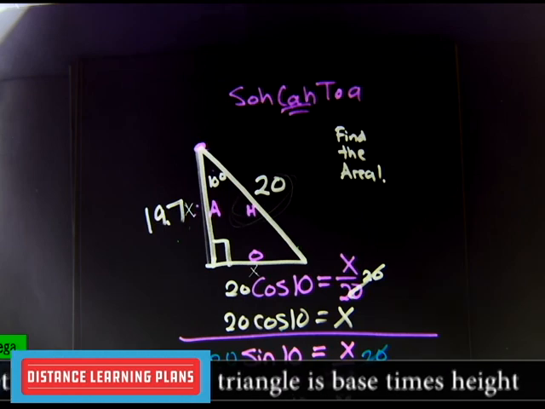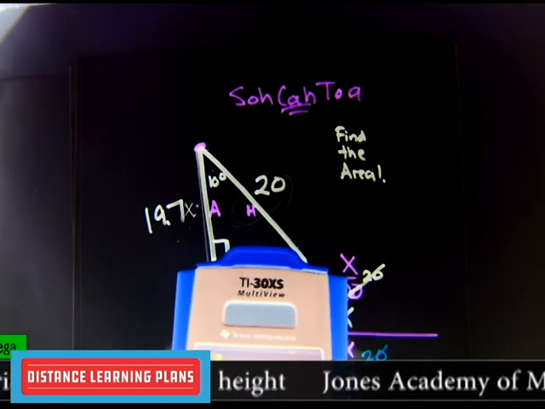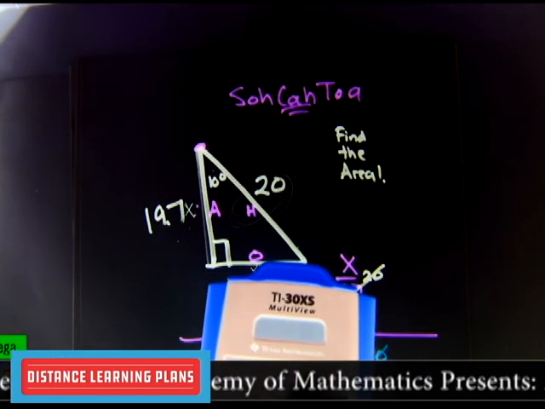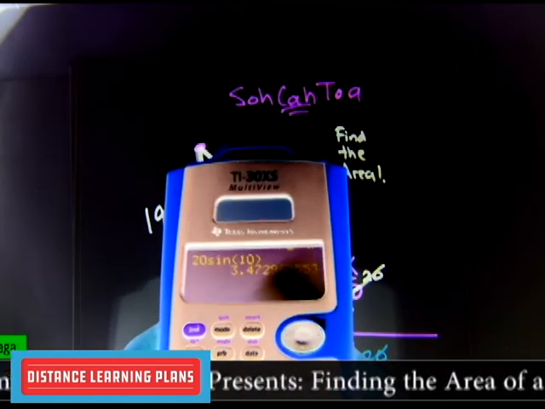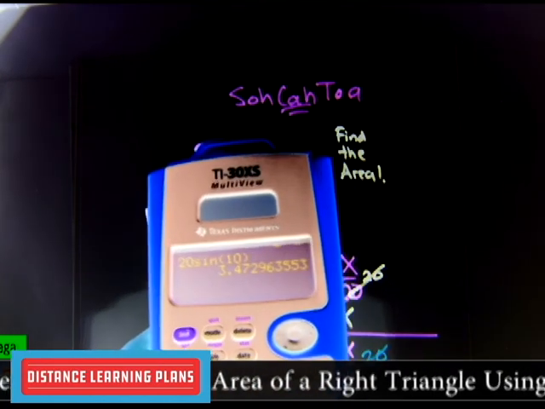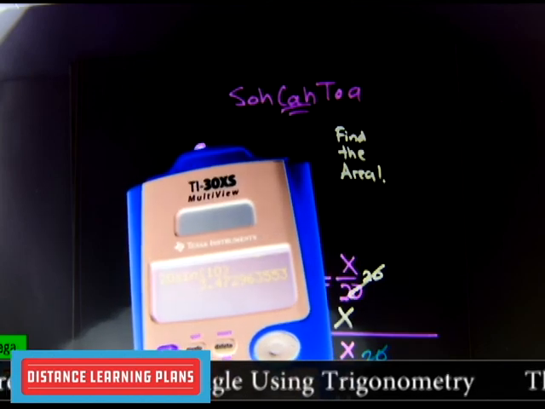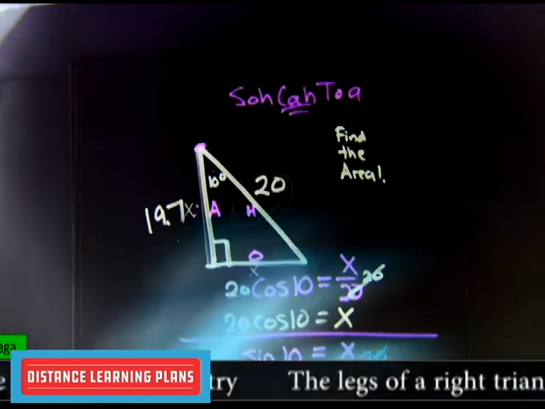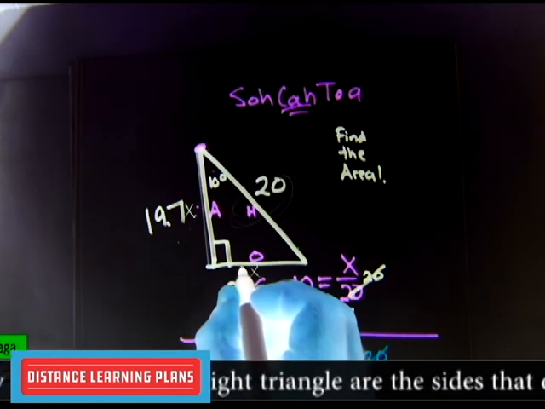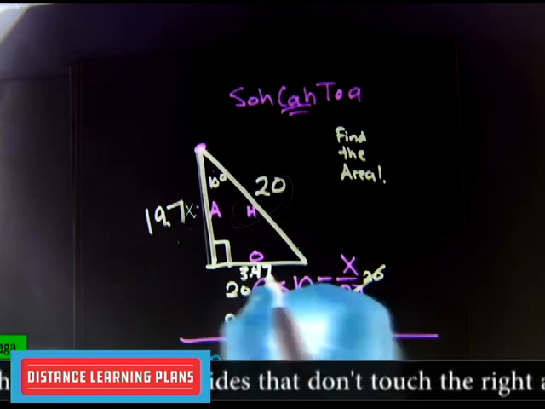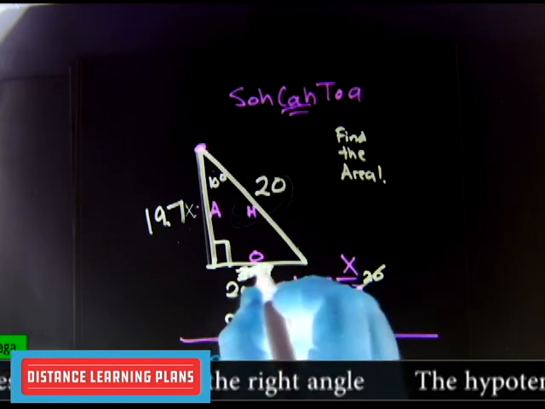I'll use the other one this time. All right, 20 sine 10. I hit enter, and it says 3.47. So I'll just make that 3.5. Sometimes it's good to go 2 decimals, and we're just going to go 3.47. I said I'd do 3.5. I should do 3.5.